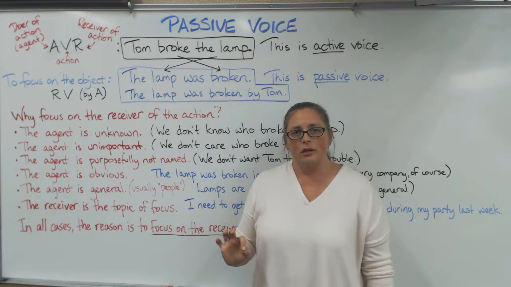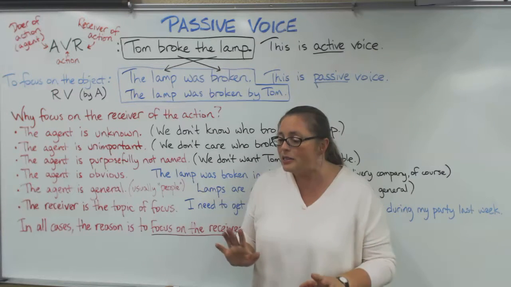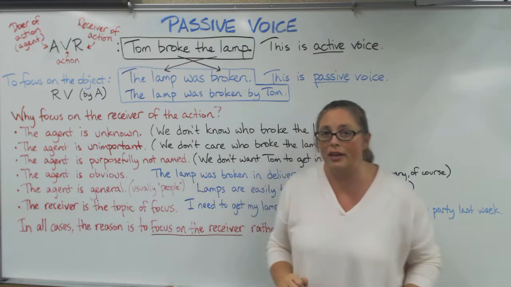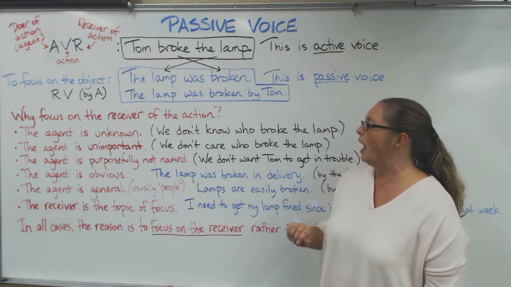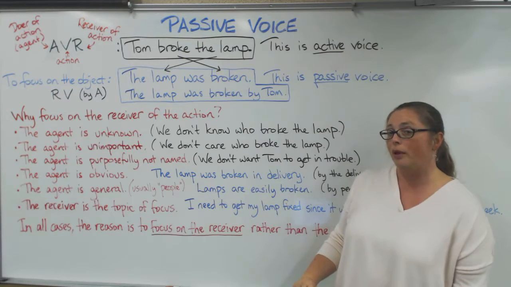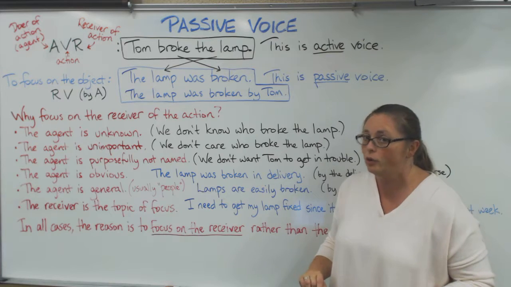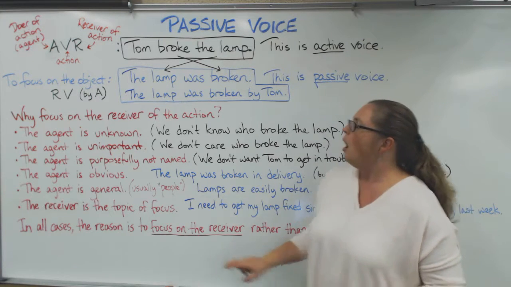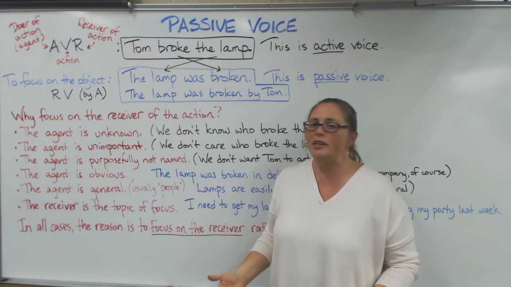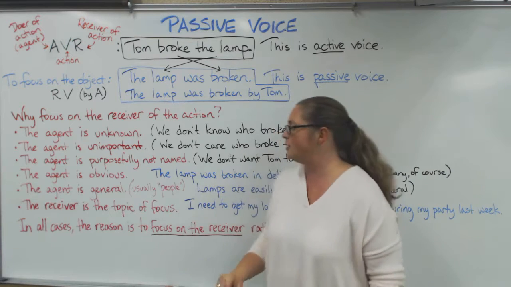The agent may not be mentioned because it is purposefully being kept a secret. It is purposefully not named. So maybe we don't want Tom to get in trouble. Maybe we don't want to mention that he is the one who broke it. It could be that the agent is obvious, so it is not necessary to give that information.